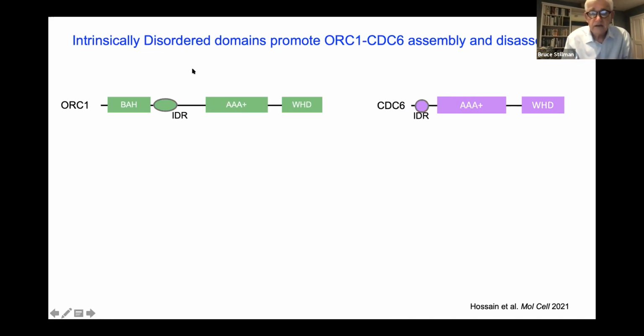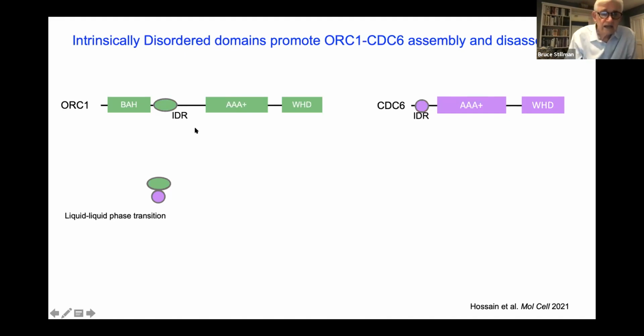In fact, ORC1 has to bind to CDC6 to activate the CDC6 ATPase activity. But in fact, in a big surprise, we found that two short regions within the intrinsically disordered regions of ORC1 and CDC6 actually form a complex. And the AAA plus domains cannot bind by themselves.